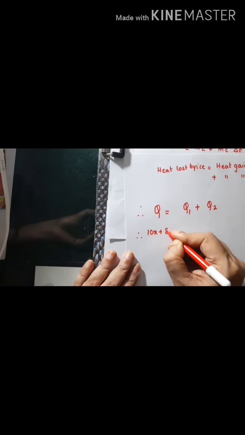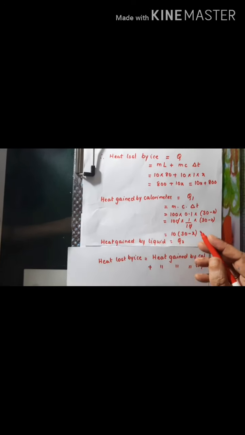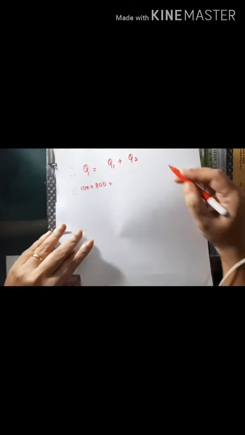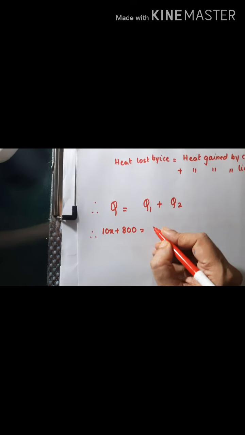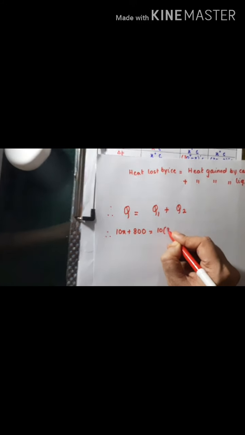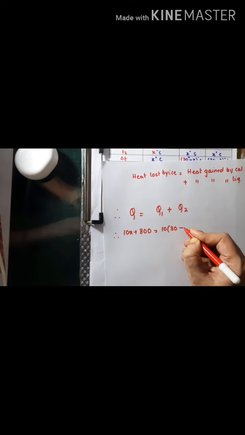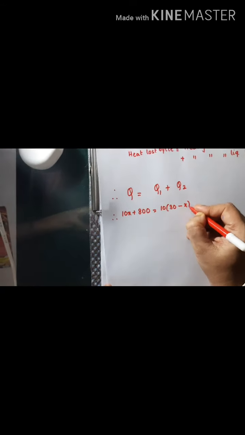Can you tell me what is the value of Q? I got this there, 10x plus 800. How much is Q1? Q1 is 10 into 30 minus x.